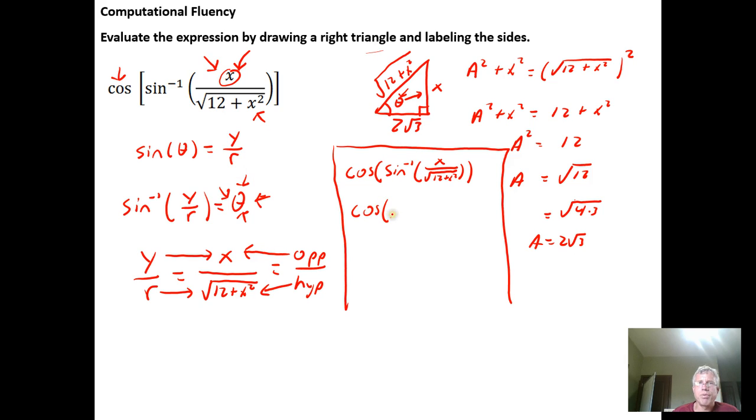So this is going to simplify to the cosine of theta. I constructed theta to match this side ratio. And then I can say, how do I calculate the cosine of theta? Well, I take the side adjacent, which is 2 square root of 3, and I divide it by the length of the hypotenuse, which is the square root of 12 plus x squared.